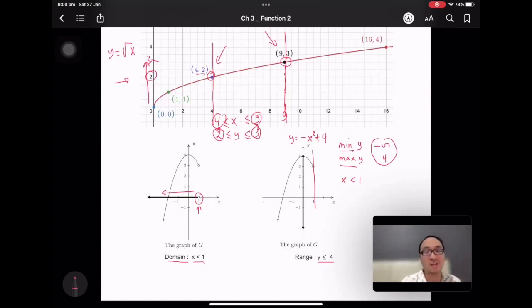And since this is a many-to-one function, we see that the minimum and the maximum are not at the end, not at the border. You see here, the maximum value is here, within the domain.